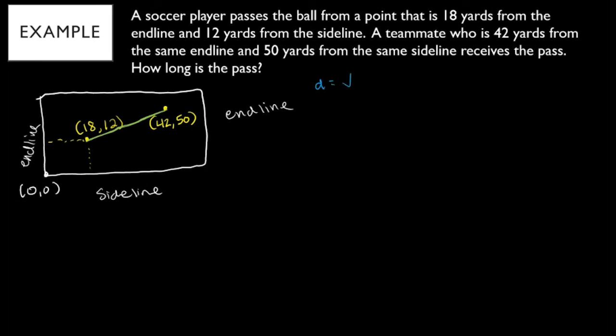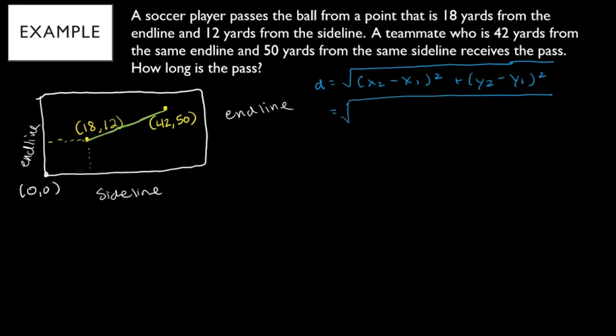So I'm going to just rewrite the distance formula: the square root of x2 minus x1 squared plus y2 minus y1 squared. I'm going to make x2 the 42, the point with the 42.